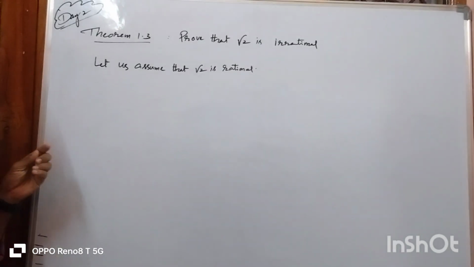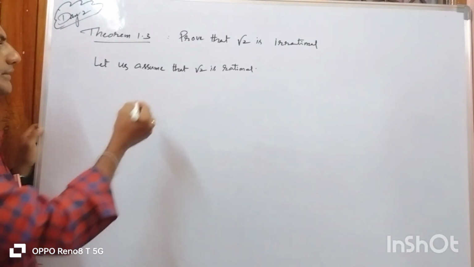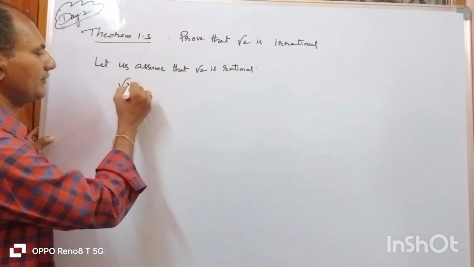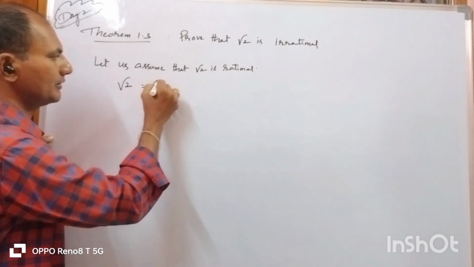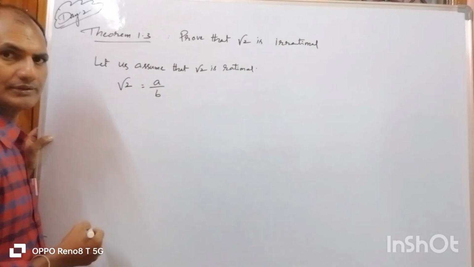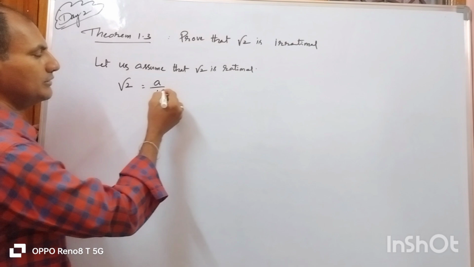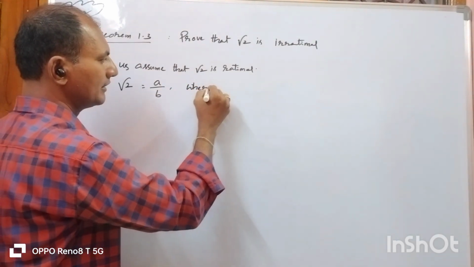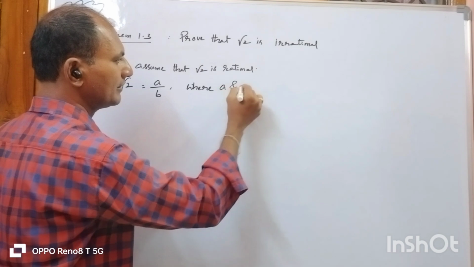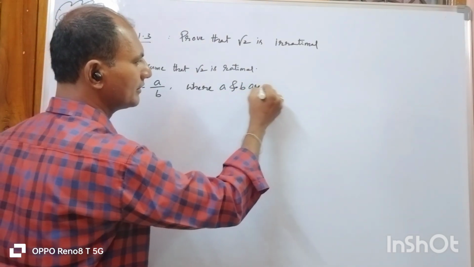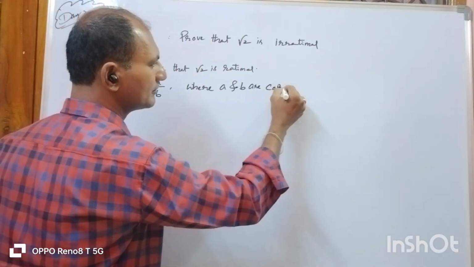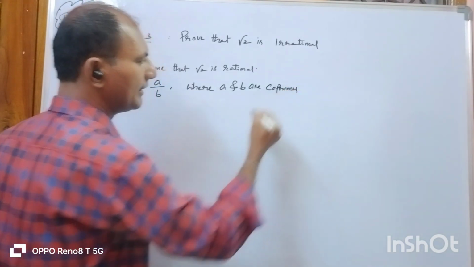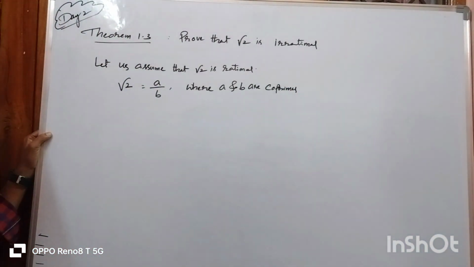First definition, which is in the form of p by q. So I will write root 2 equals a by b, where a and b are co-primes.